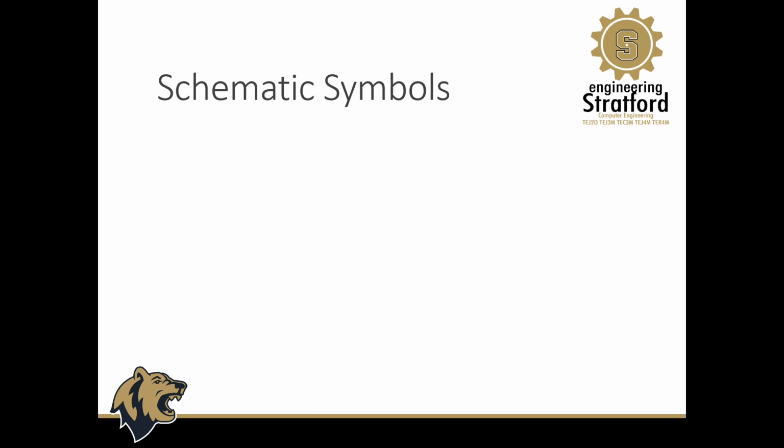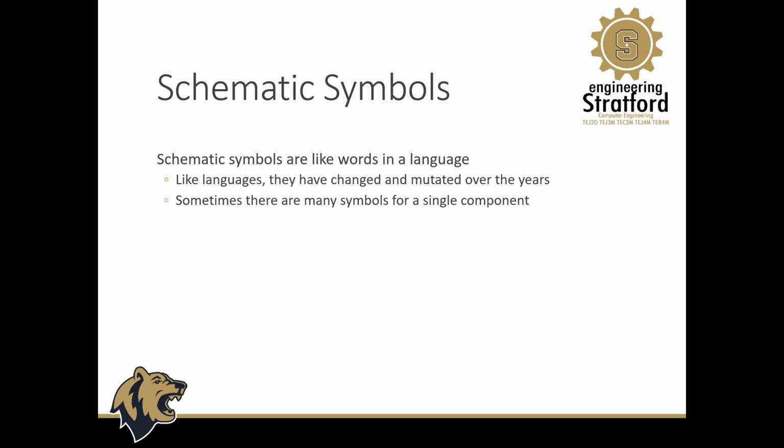So the first step to be able to read a schematic is to know what the schematic symbols are. A schematic is made up of connections and symbols, just like in pretty much any spoken language. Languages are made up of words, and those words put together can form meaning. But the words themselves, on their own, don't really do a whole lot, but they represent something.